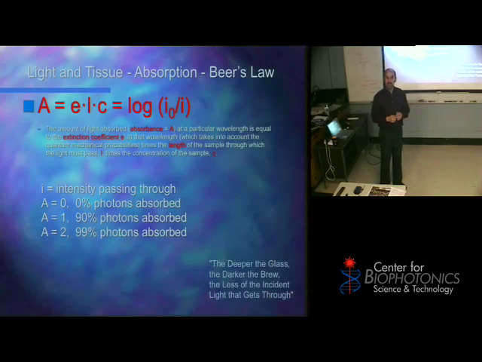So you can imagine the absorption increases if I double my concentration. My absorption doubles. If I double the length that I'm passing my light through, my absorption doubles. Okay? So it kind of makes sense.